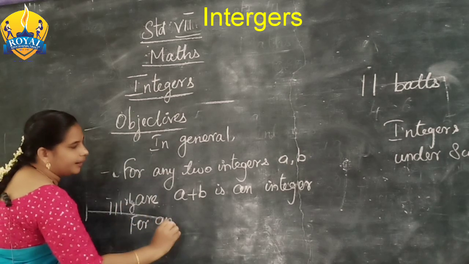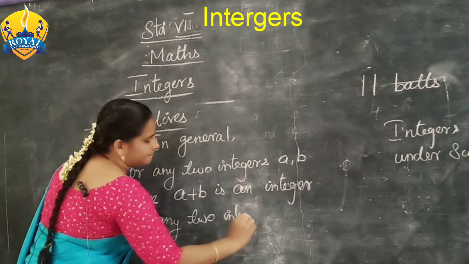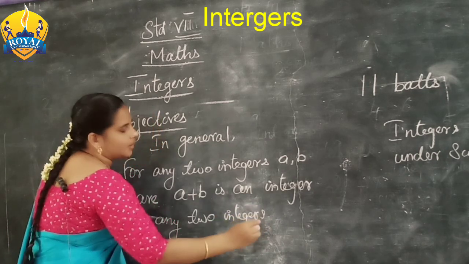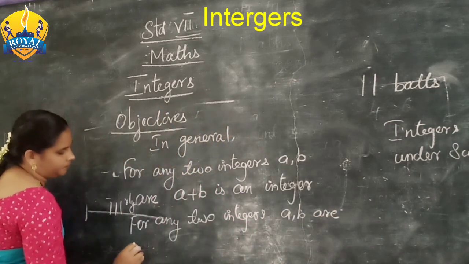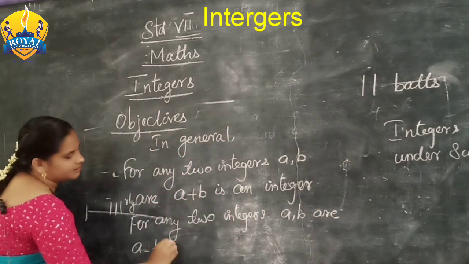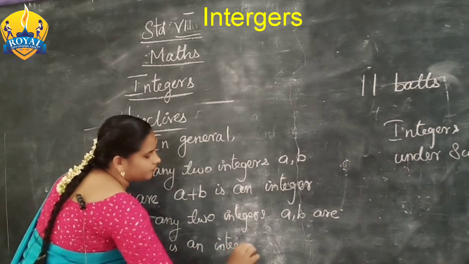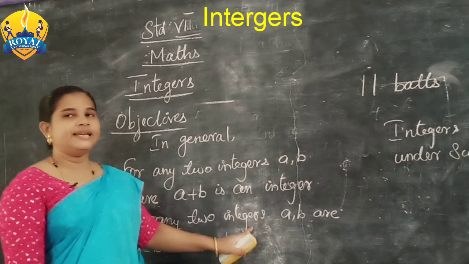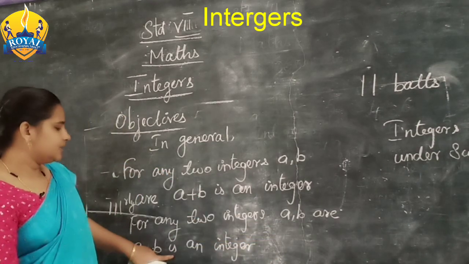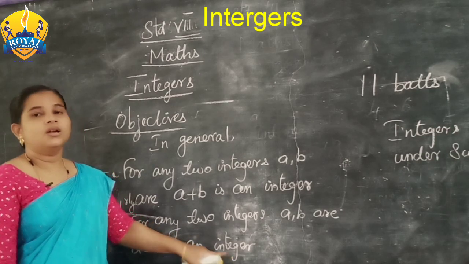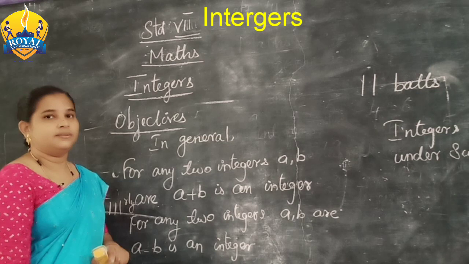Similarly, for any two integers a, b, a minus b is an integer. So integers are also closed under subtraction.